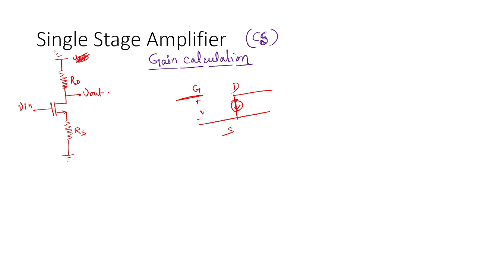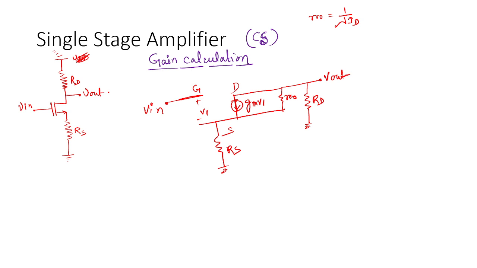If this is V1, then this current source will be gm times V1, and between drain and source r0 is connected, where r0 is equal to 1 by lambda ID, where ID is the drain current, and this is RS, and here Vin is present. This is the RD, and from here we find the Vout.